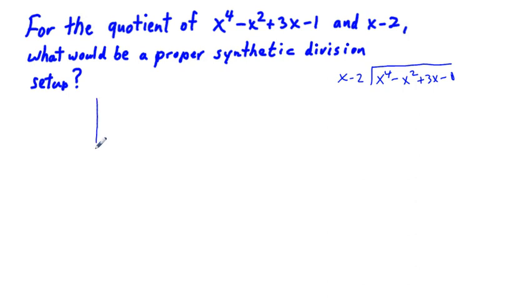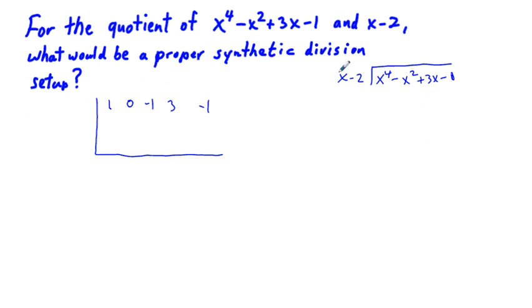And what we do to set up a proper synthetic division is take the coefficients of the dividend. We have 1 x to the fourth, and you see that we don't have x to the third here, so we put 0 x to the third power, and then we have negative 1x squared, and then 3x, and then negative 1.